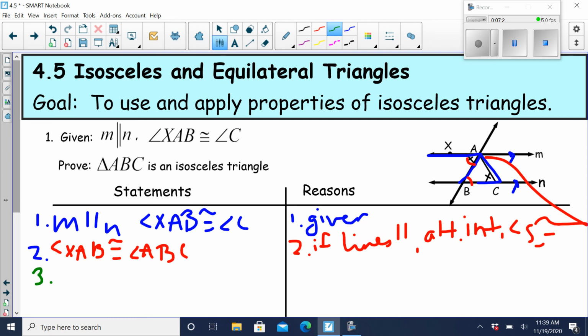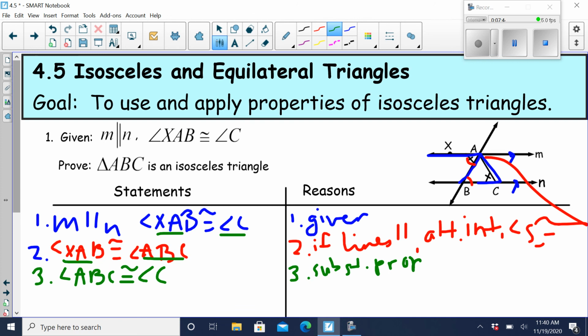So step 3, I'm going to say, well, angle ABC is congruent to angle C. I knew XAB was congruent to angle C, and I knew that it's also equal to ABC. So I'm going to state that they're congruent. This is substitution. So I'm just replacing angle XAB with angle ABC.